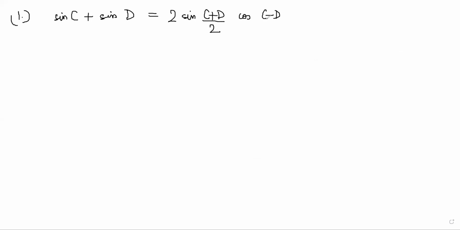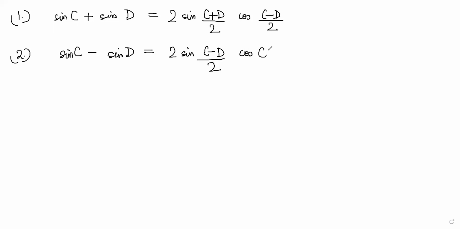So what I have now are 4 formulas. I'll write them down here. Sine C plus sine D is equal to 2 sine (C plus D)/2 cos (C minus D)/2. Second one is sine C minus sine D, and that will be 2 sine (C minus D)/2 cos (C plus D)/2.